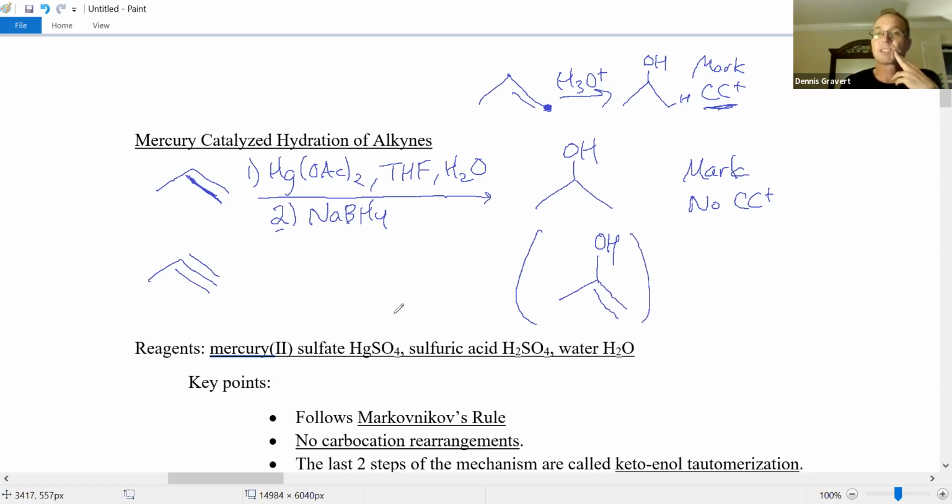But then people discovered that the triple bond seems to be a little bit more reactive than the double bond. And in fact, you don't have to wait and do like step 2 later. The reaction's like over with just the mercury and water. And in fact, it works pretty well. Don't need the 1 and 2. If you just use mercury sulfate, a little sulfuric acid, and water.